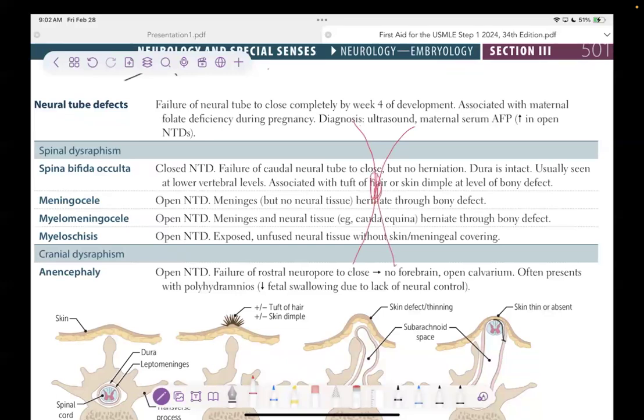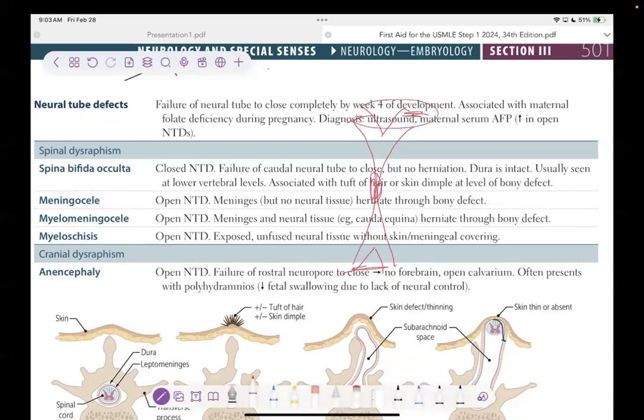The middle part of the tube is closed, but the upper part is open, and the lower part is also open. Day by day during development, the upper part and the lower part close. So if the upper part of the tube is not closed, this is called neural tube defect. If the lower part is not closed, it is also a neural tube defect, but with a different name.